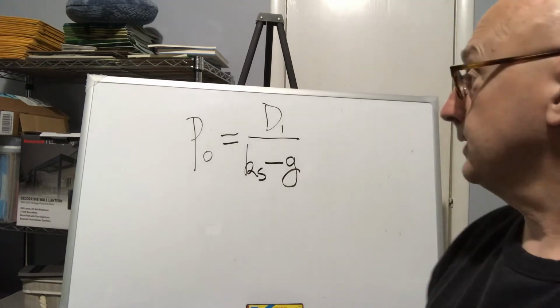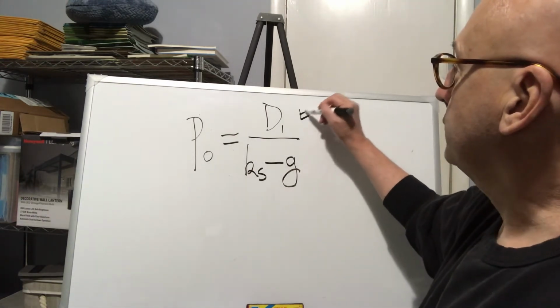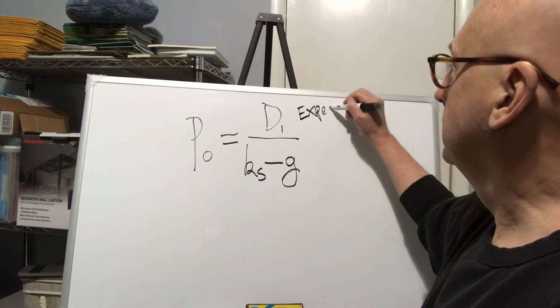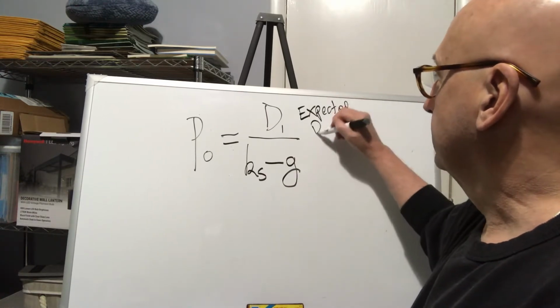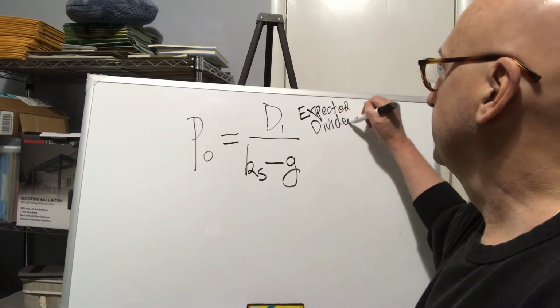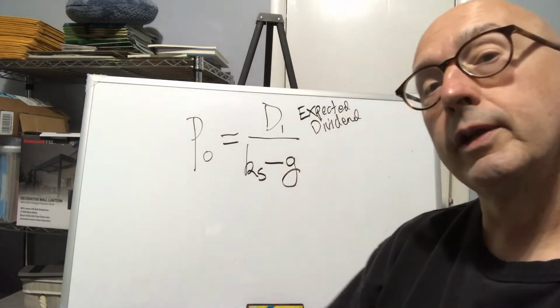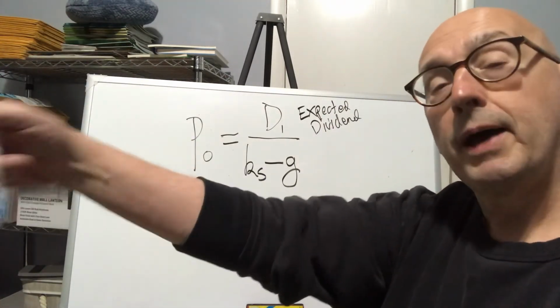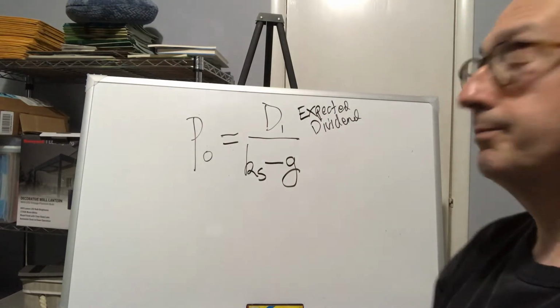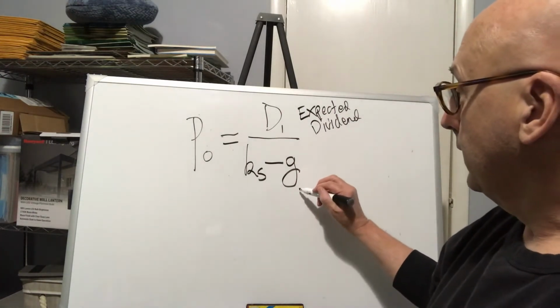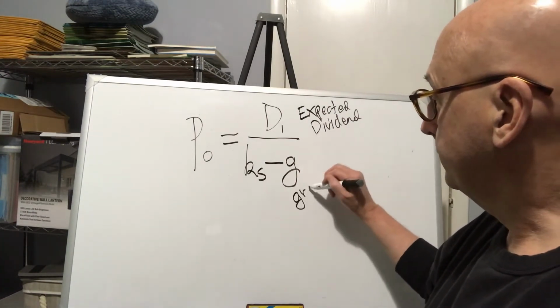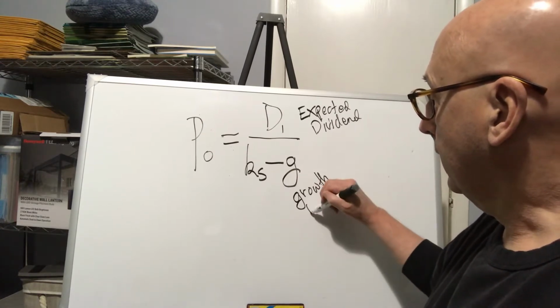Okay, that's it. So this is the expected dividend. In other words, the dividend that you expect it to pay 1 year from today. This is the growth rate in the dividend.